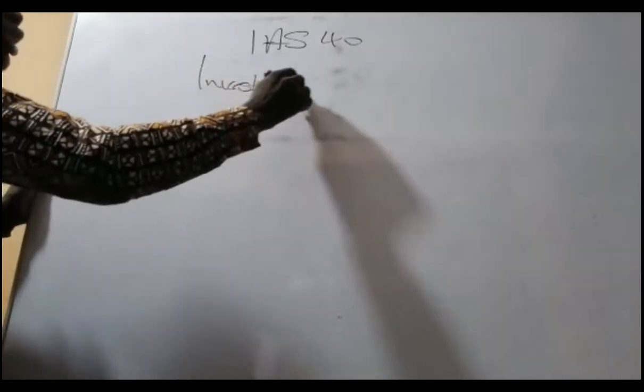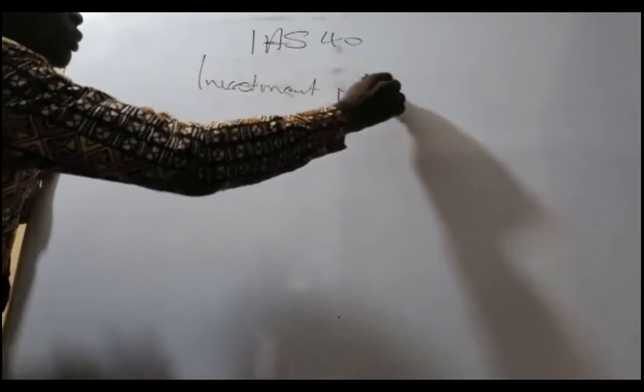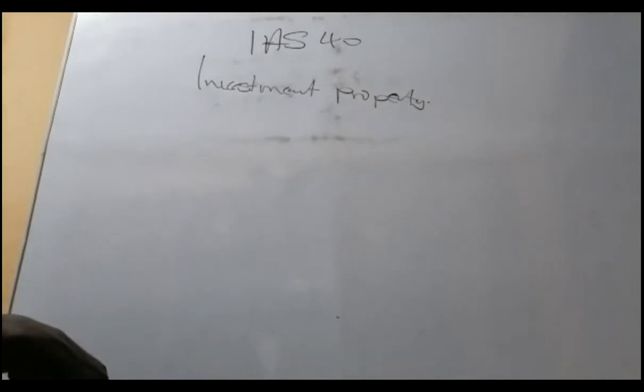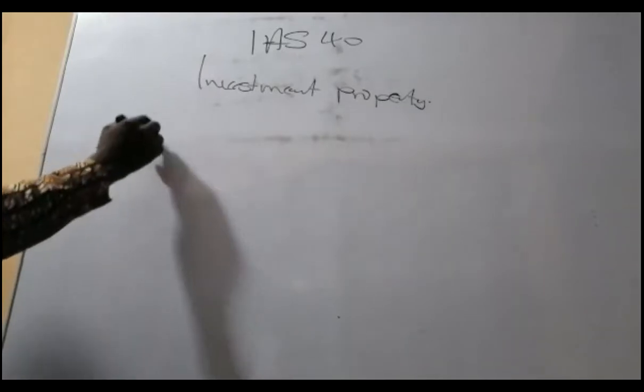Good. IAS 40 talks about investment property. Basically, you should know 5 items.